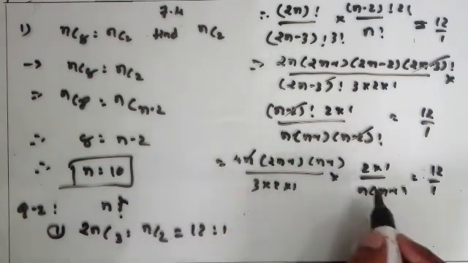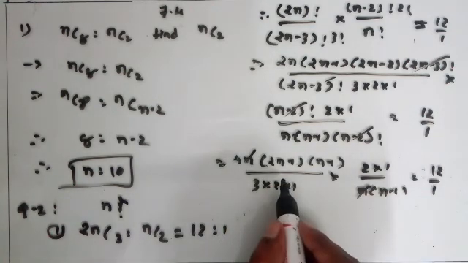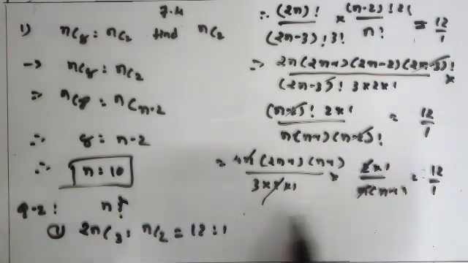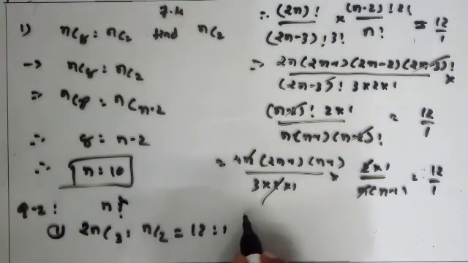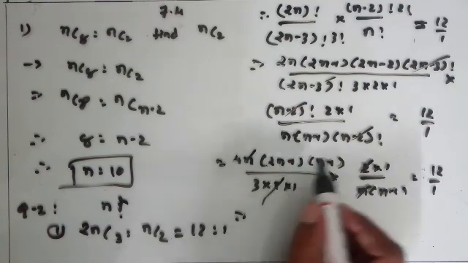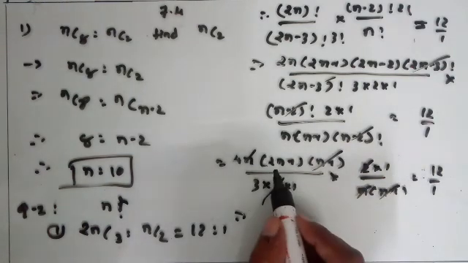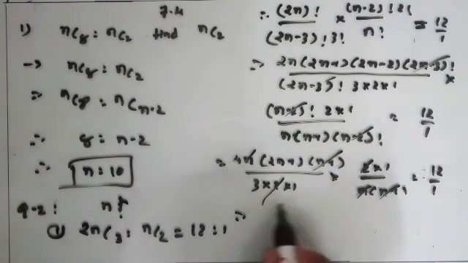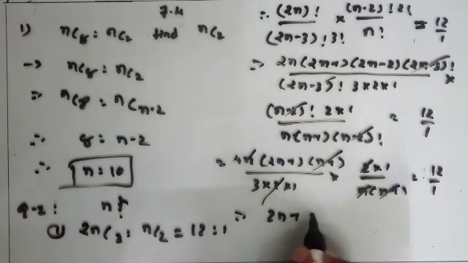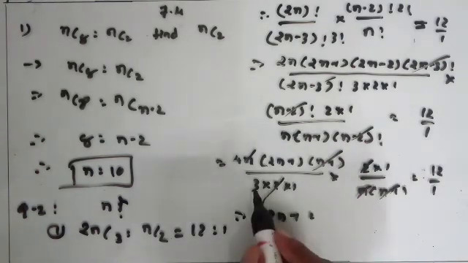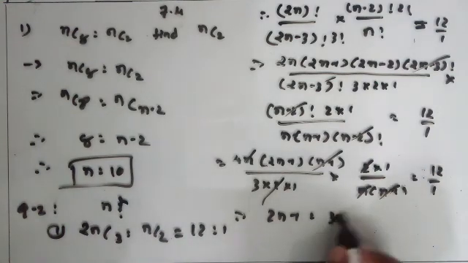From both, n cancels, 2 also cancels, and n minus 1 also cancels. 3 takes this side, so 2n minus 1 is equal to 12 times 3, 36. 4 takes this side, so divide by 4.